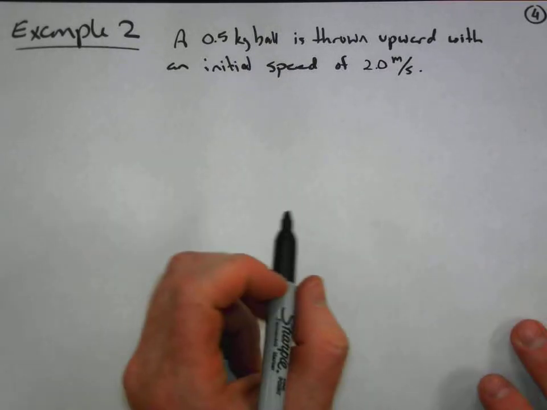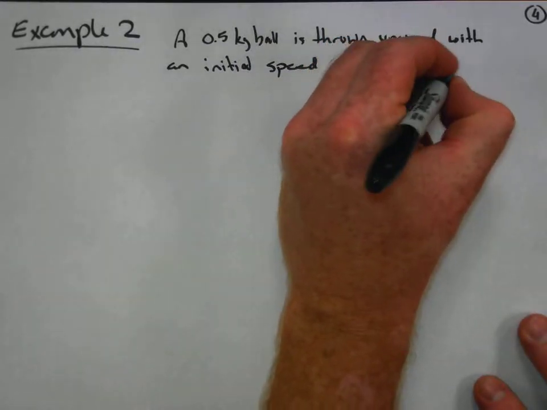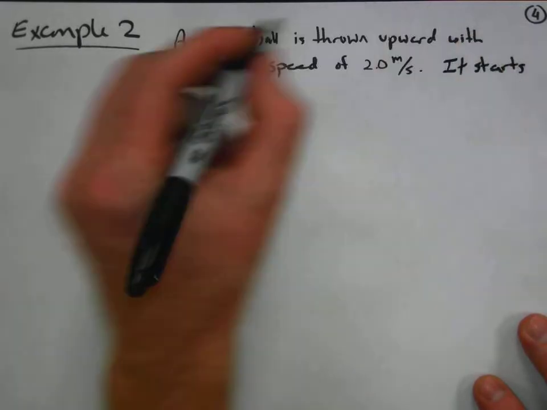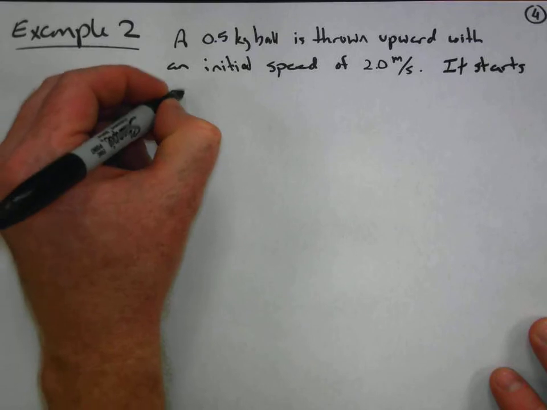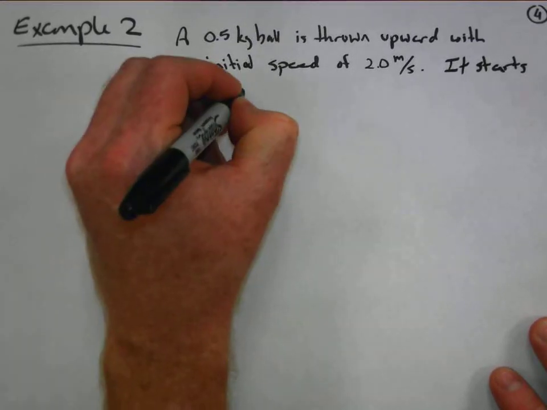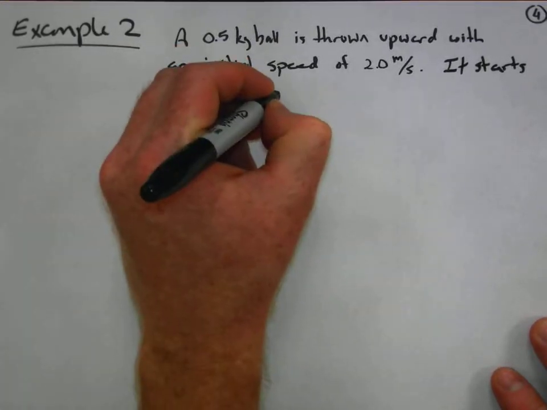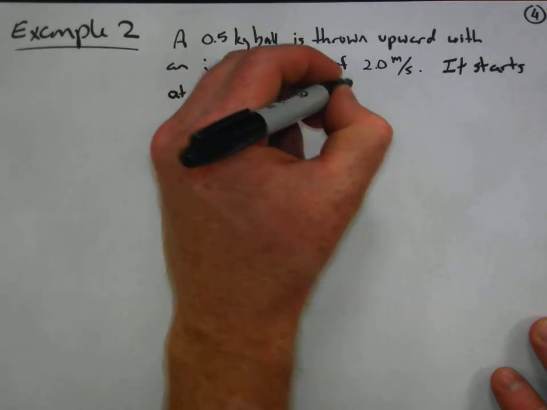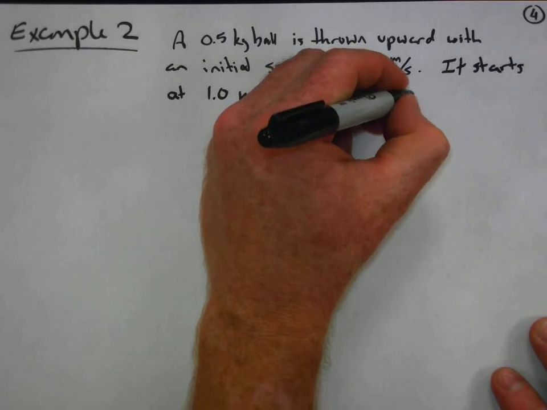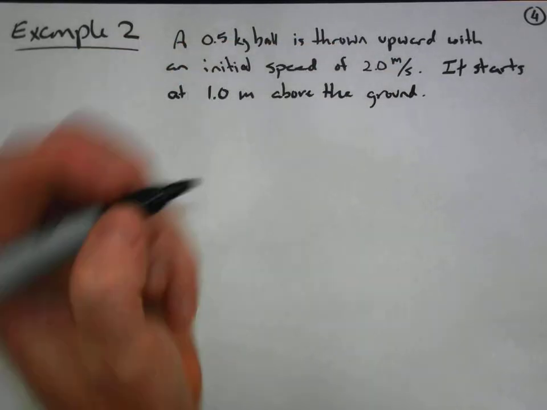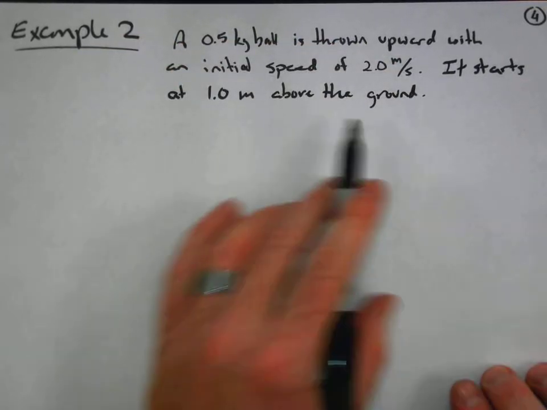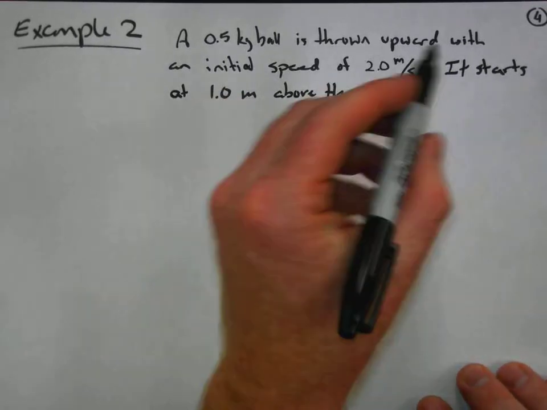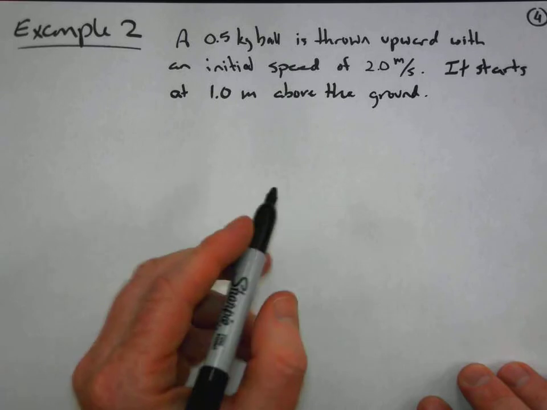And its location when we throw it is 1 meter off the ground. It starts at 1 meter above the ground. So I'm given the situation here. I've got the description. I'm going to have to sketch this out real quick. But also, really, I'd like to know how fast will it be going when it hits the ground.